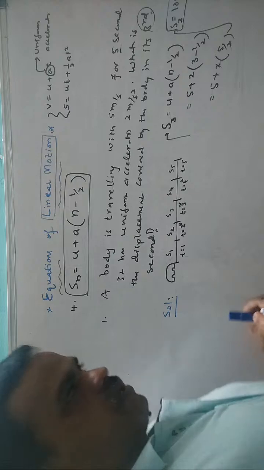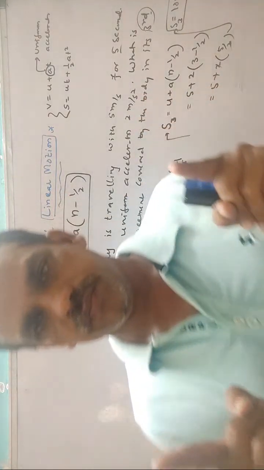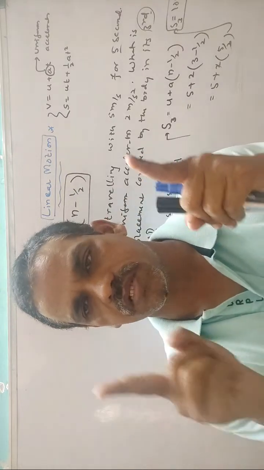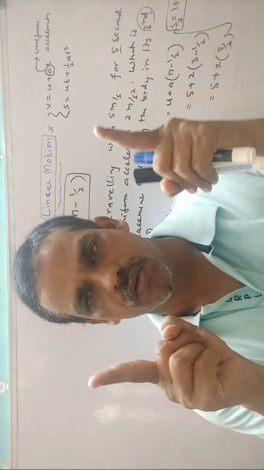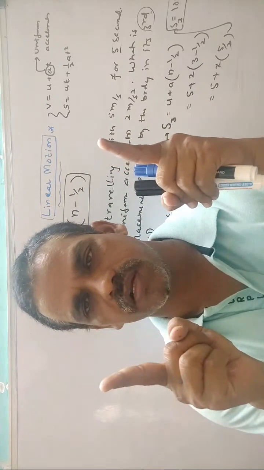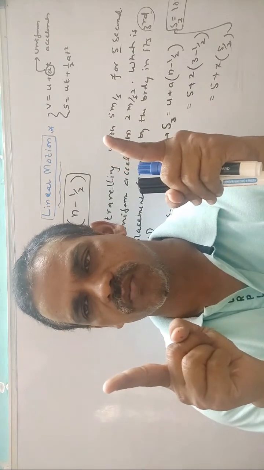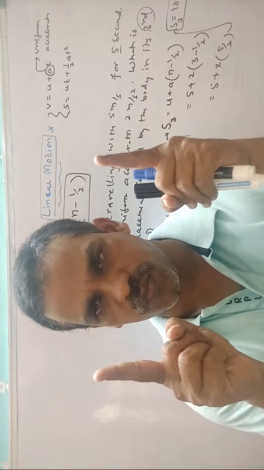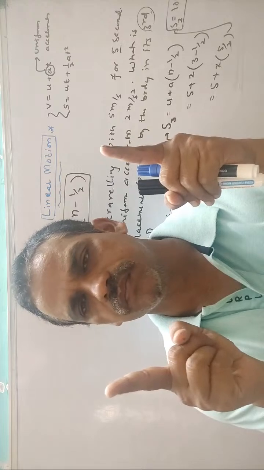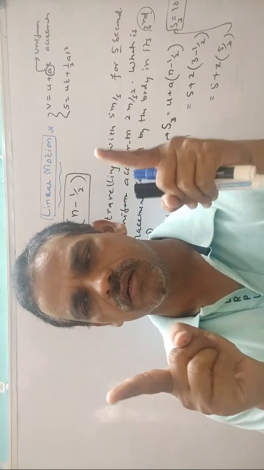So the body traveled from here to here for 5 seconds, and what I want to calculate is the displacement in the third second. So we have to split the total displacement into 5 partitions.